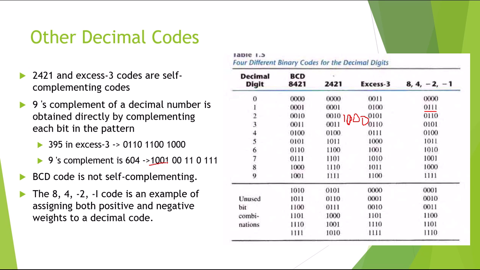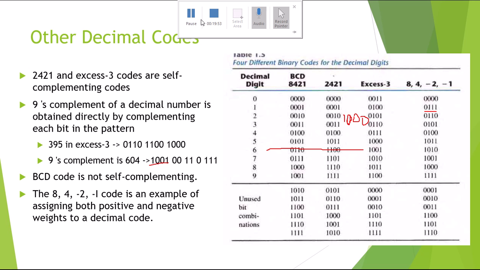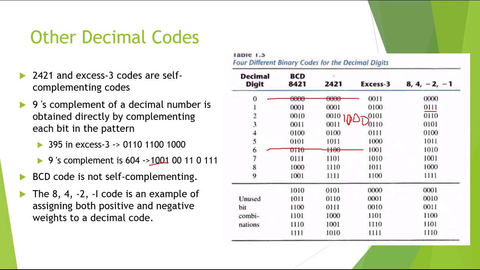Now 1001 here is for 6, 0011 is for 0, and 0111 is for 4.